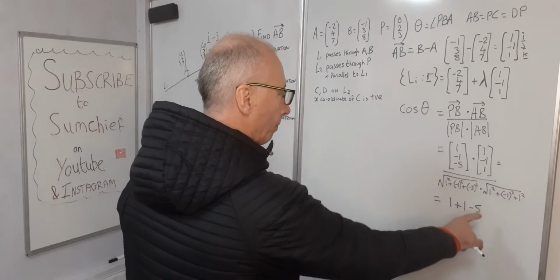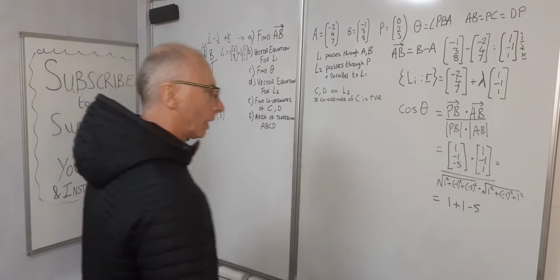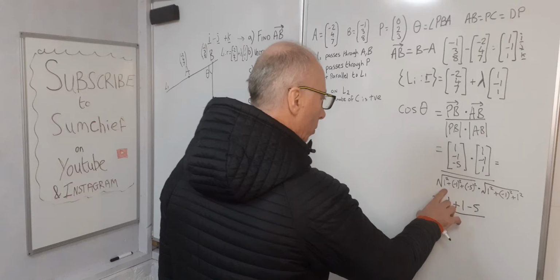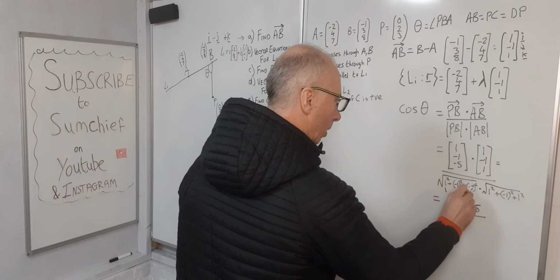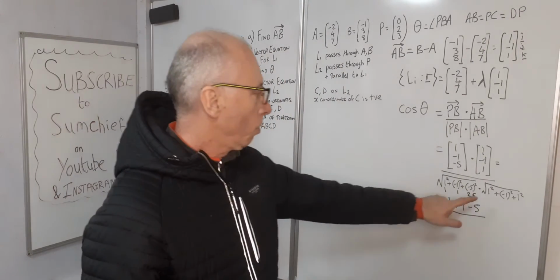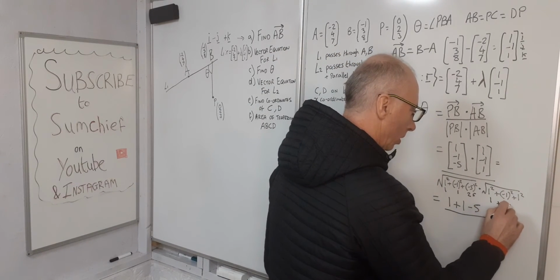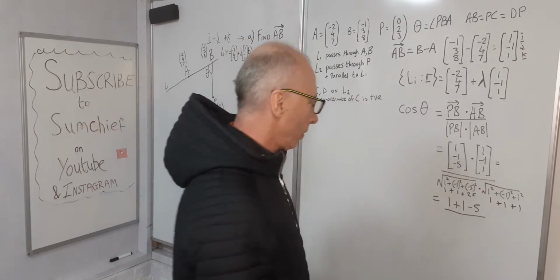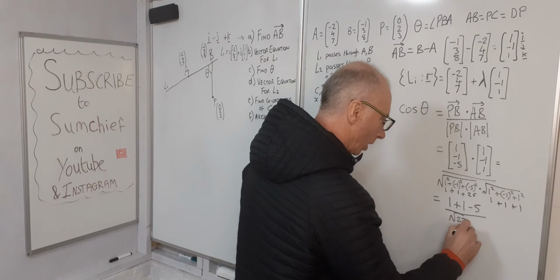Now we square root all these in here. Square root of 1 squared, minus 1 squared, that's 1, minus 5 squared is 25. And 1 squared, minus 1 squared and 1 squared, they're all 1s. So add these up: we've got square root of 27, square root of 3.